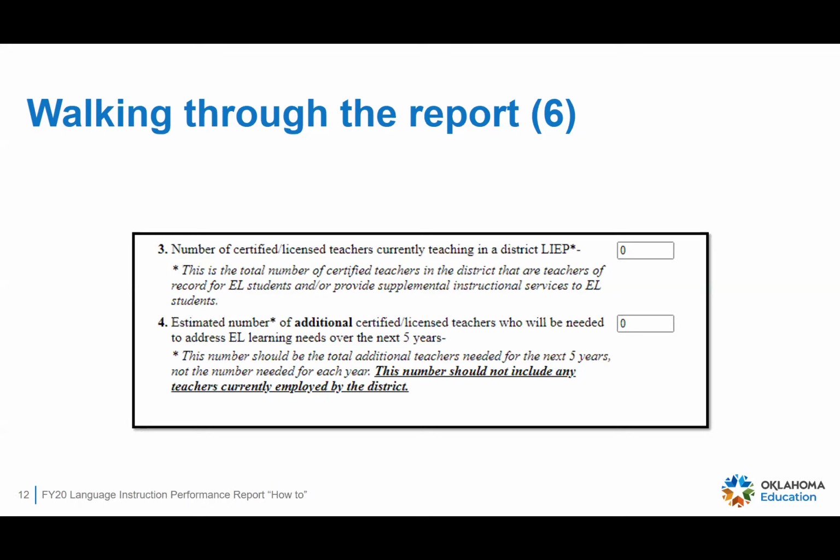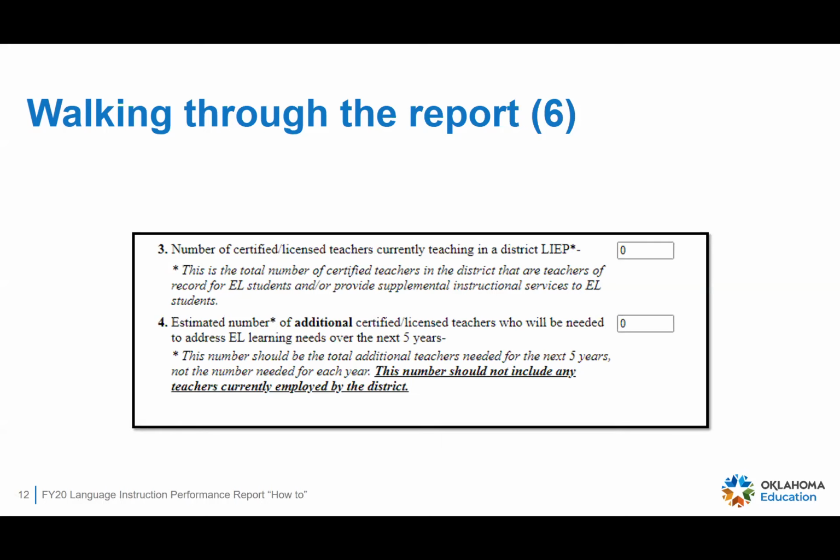So if you have your English learners in mainstream courses with some ESL support, then each of those mainstream teachers would be counted here. So the certified teachers that are teachers of record for courses that have English learners in them. So that might be a larger number than what you would at first think.